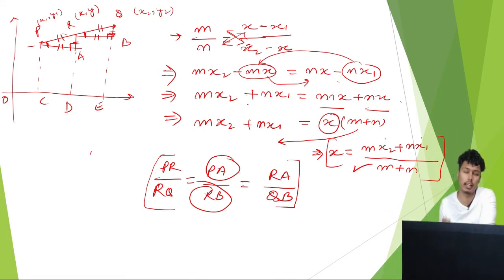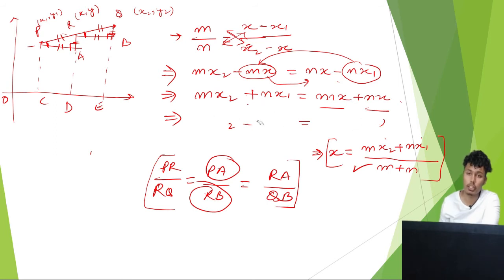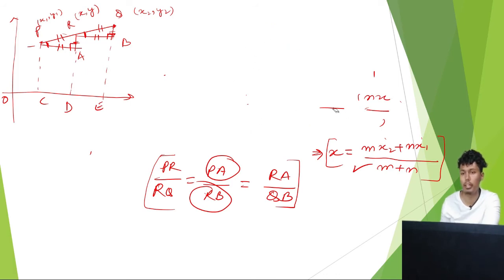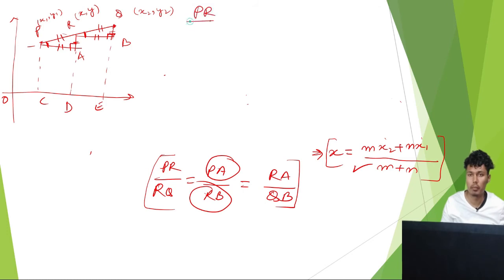Let us do the other portion. Let me keep this one and do the other portion. The other portion is PR by RQ is equal to RA by QB. Let me write it down: PR by RQ is equal to RA by QB. PR by RQ is m by n, as we have already said.